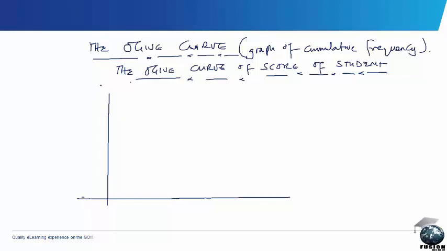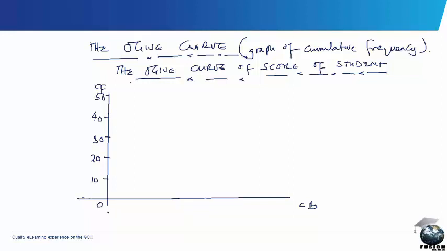Alright, so like we said, the cumulative frequencies go here and the class boundaries on this side. The cumulative frequencies are a bit big, so I'll pick my points to start from 10, 20, 30, 40 and 50, and at the origin I have 0.